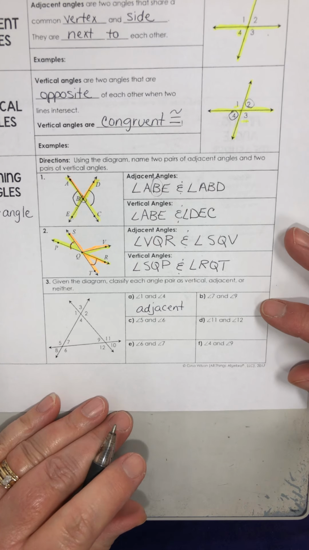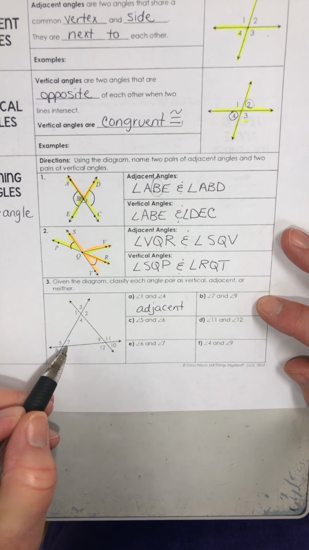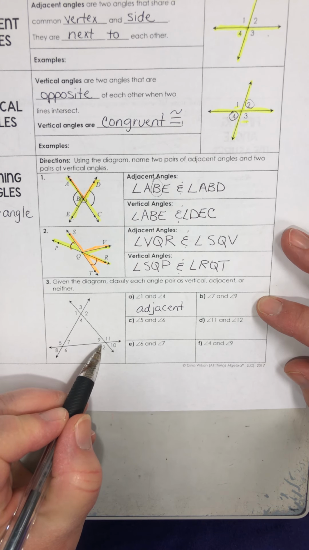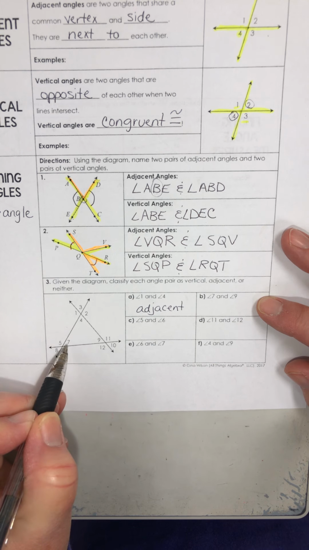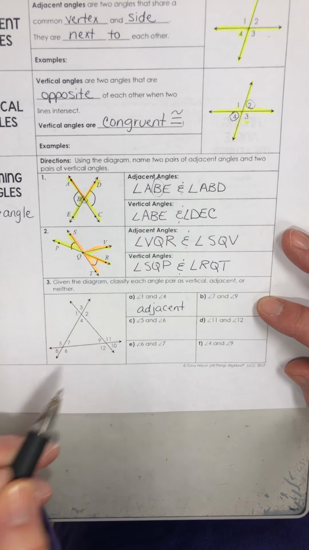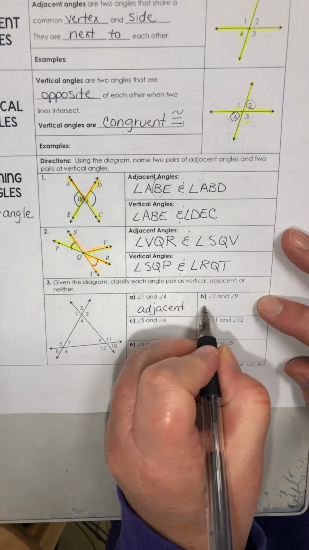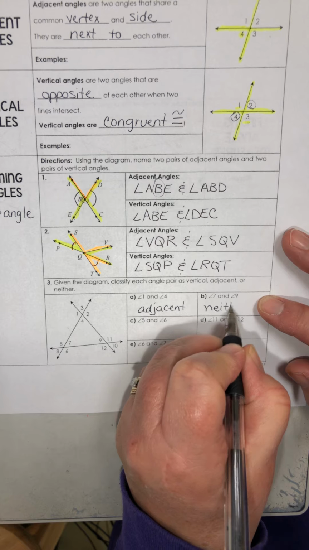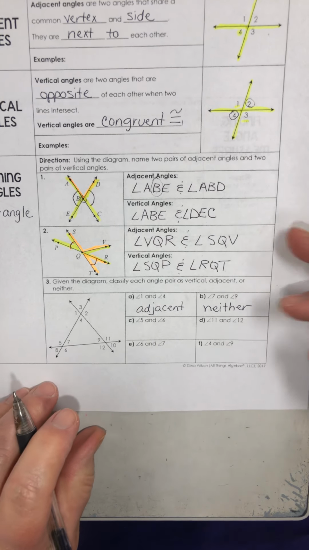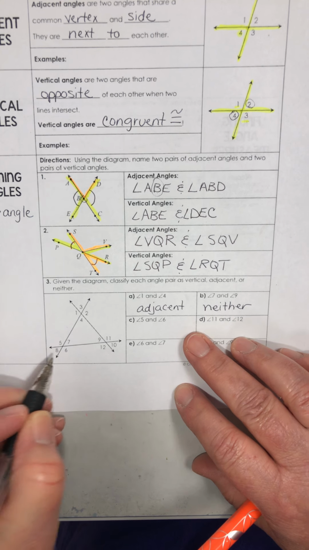Letter B wants us to look at angle 7 and angle 9. Well, they're not opposite and they're not really sharing a side. So I would say that these are neither. Letter C, look at angles 5 and 6.